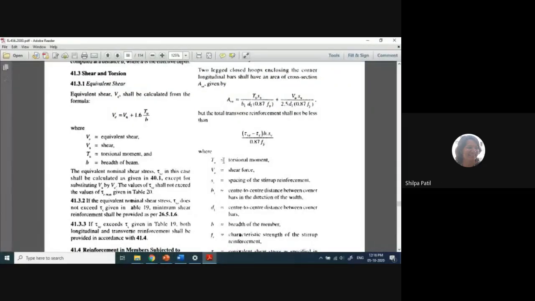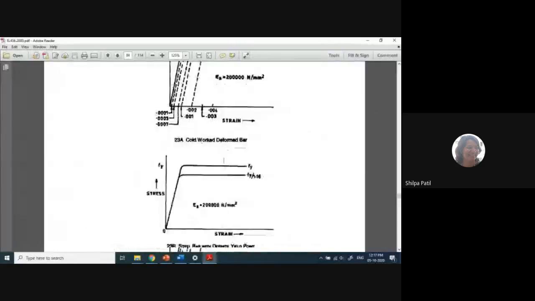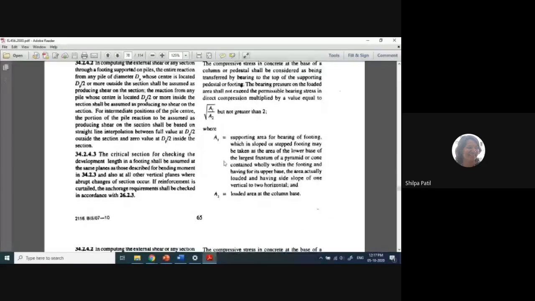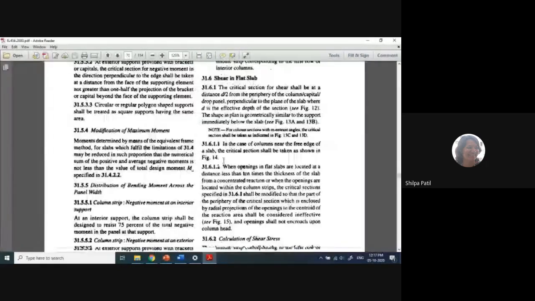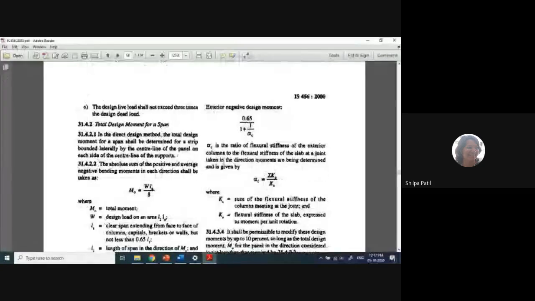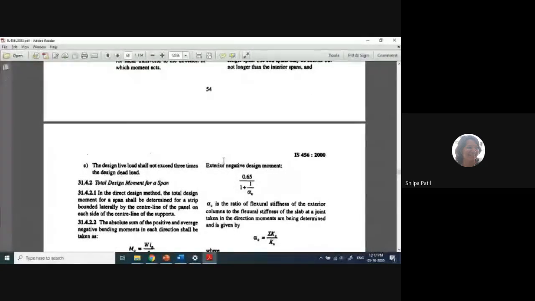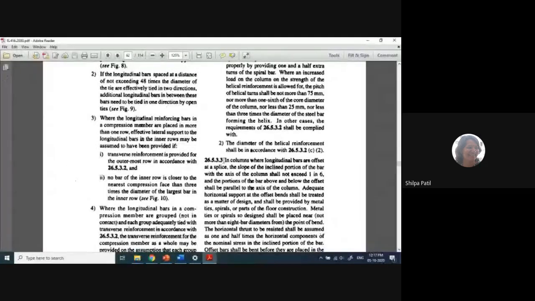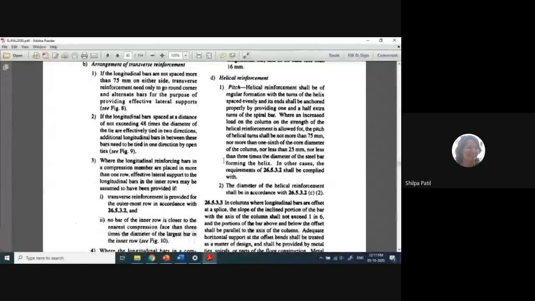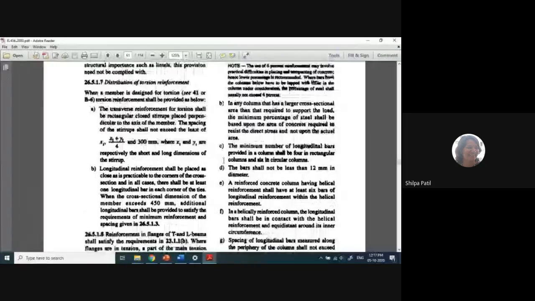Let me check the clause. Where x1 and y1 are respectively the short and long dimensions of the stirrup. Okay, it is the short and long dimension. It means we have to consider the full length of the stirrup here.